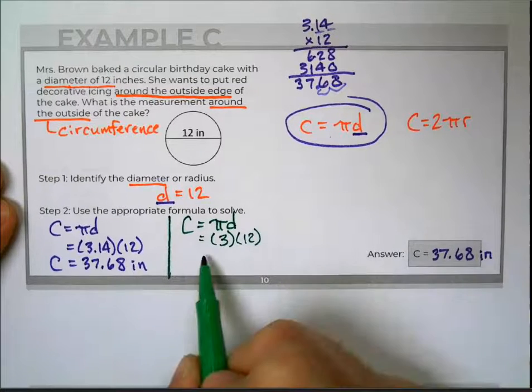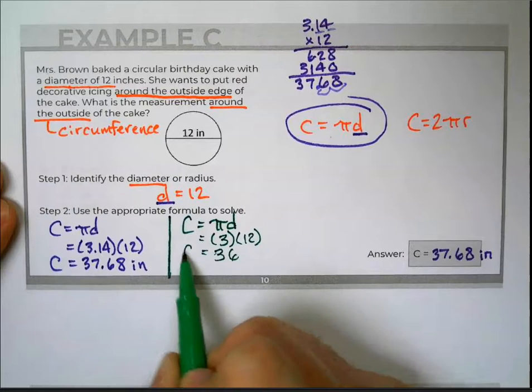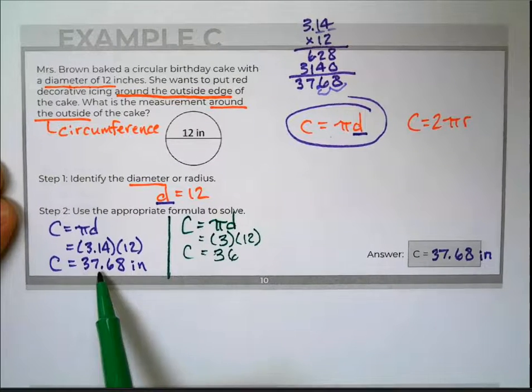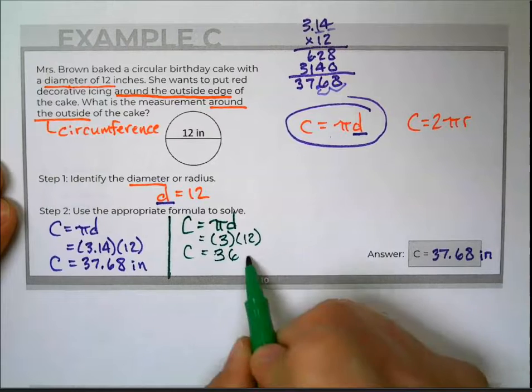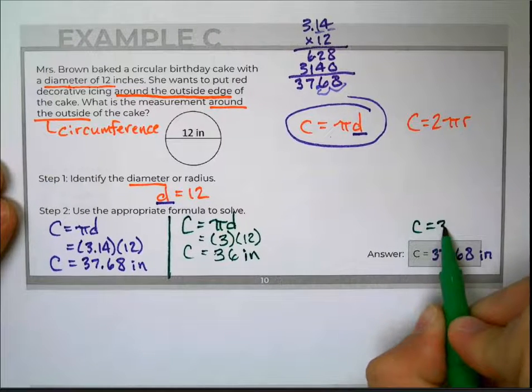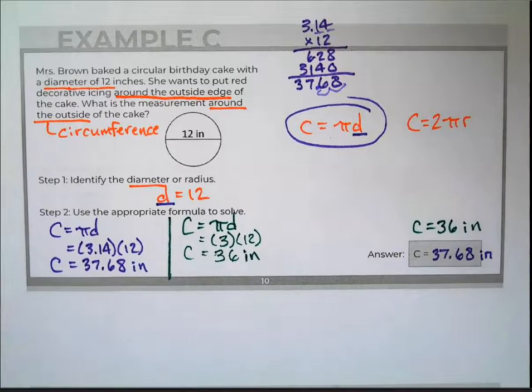So now, that's easy. It's just 3 times 12, which is 36. And again, see how close they are. 36 and 37.68. Okay. So I would take either one of those. Okay. Go ahead and do the your turn for this one.